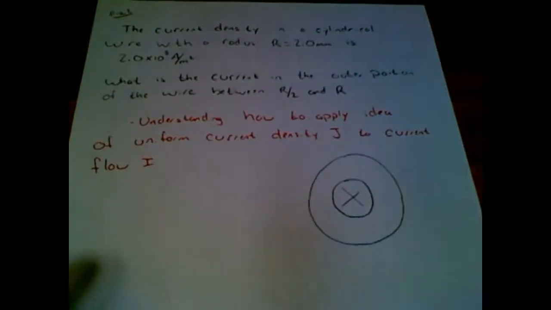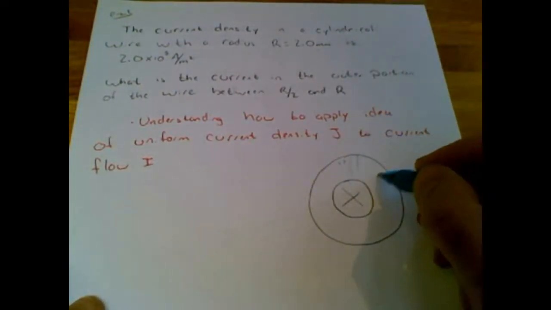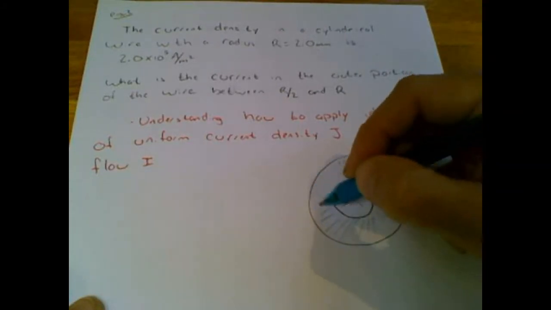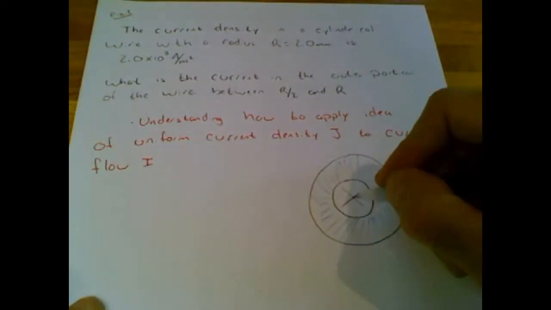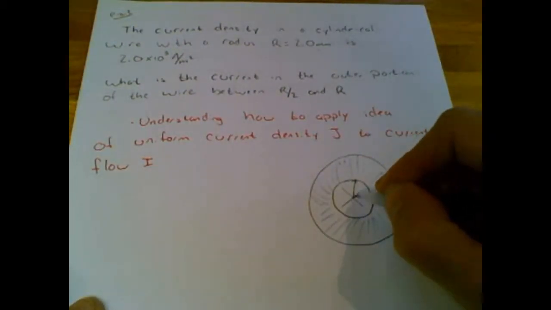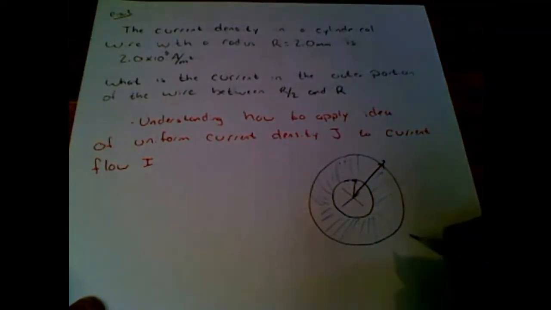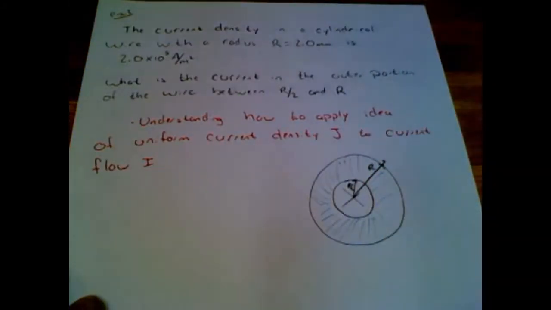What we're looking for is the current in this shaded area of my wire. So what is I in that region? Here to there, that is my difference between R and R over 2.